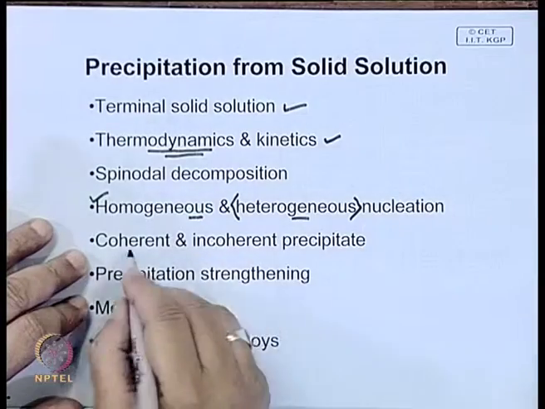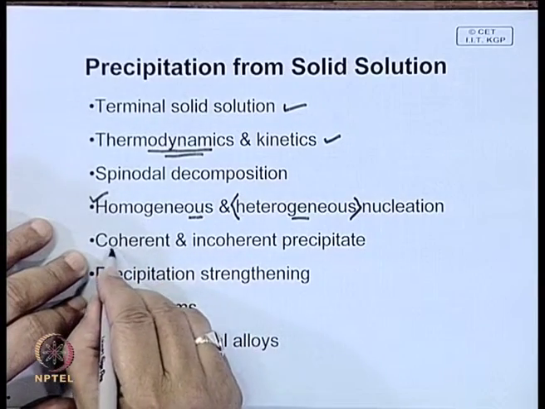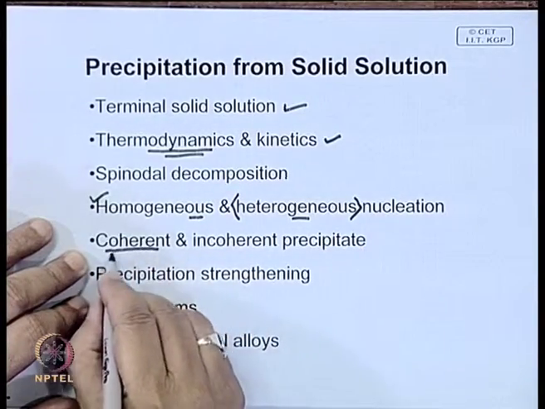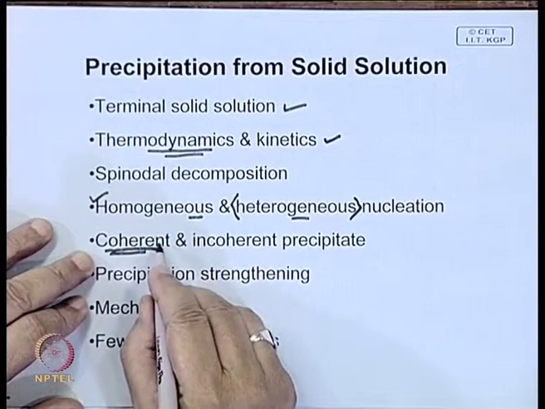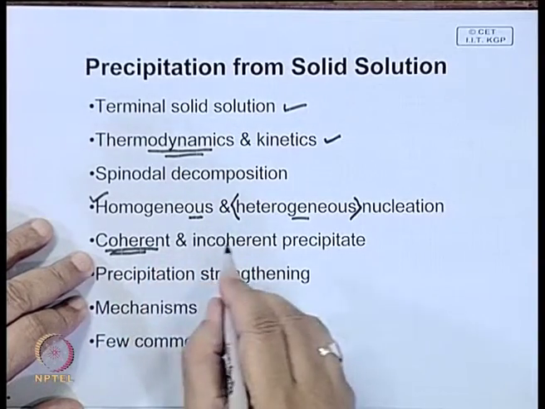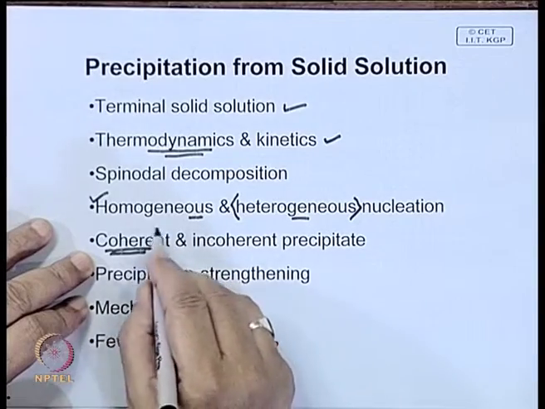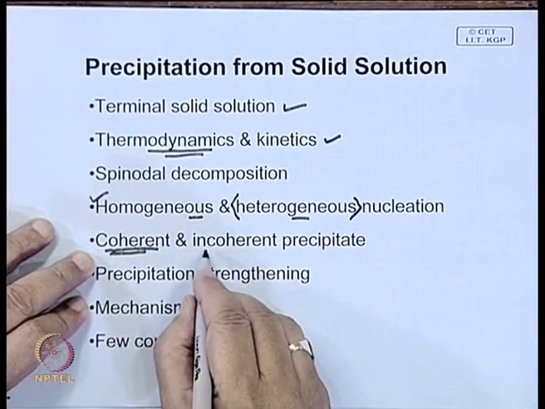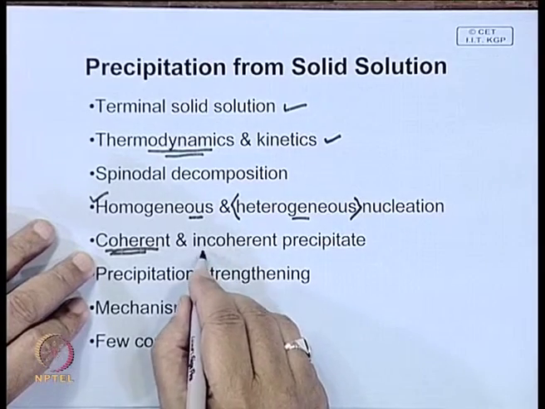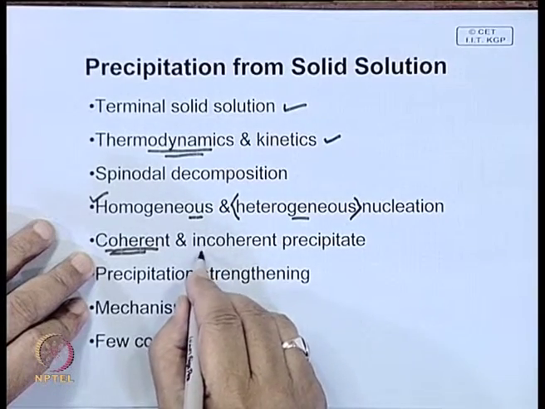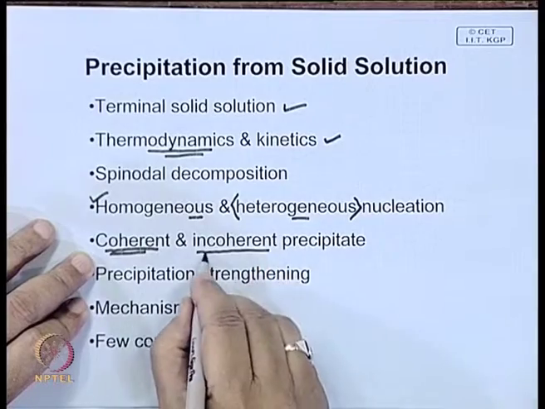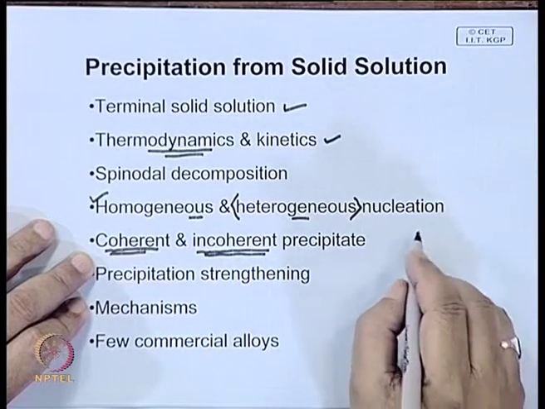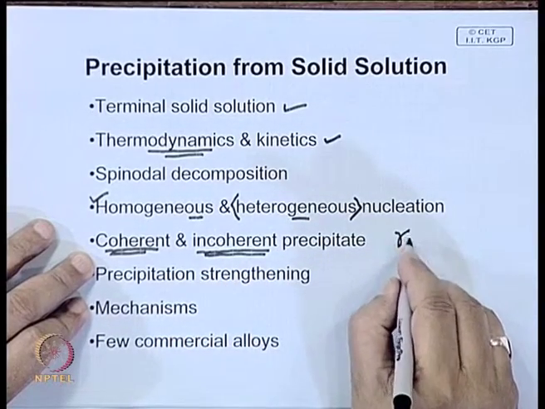We talked about different types of precipitate like coherent precipitate, where the surface energy is extremely low, but it may have some amount of coherency strain associated with it. On the other hand, the normal precipitates we know about are incoherent, and all incoherent precipitate has high surface energy.